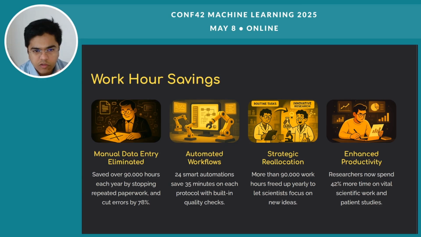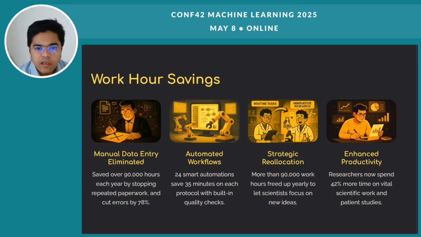First, manual data entry was eliminated, and we have seen savings of 90,000 hours a year, and it reduced errors by 78%. Then the automated workflows, with 24 smart automations which we developed, save an extra 35 minutes on every protocol executed, and this led to strategic reallocation.